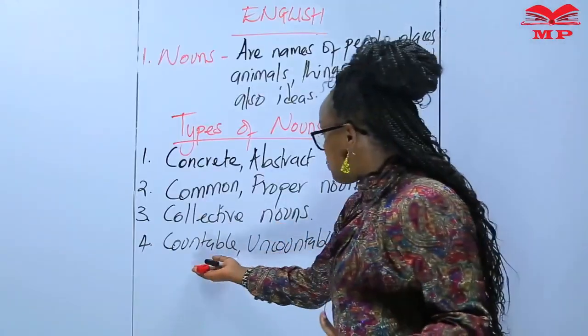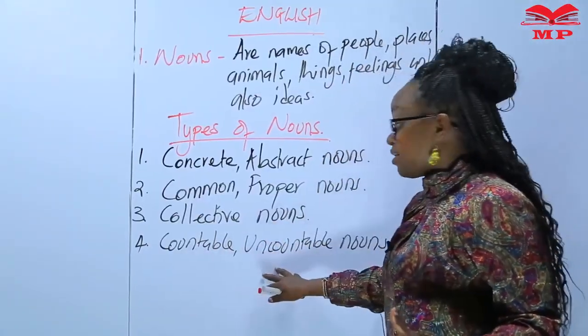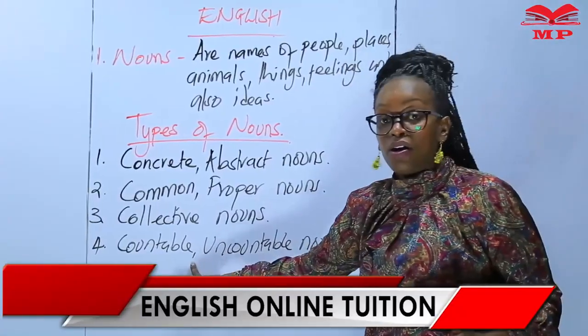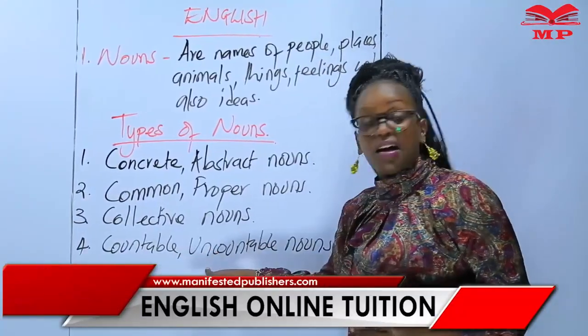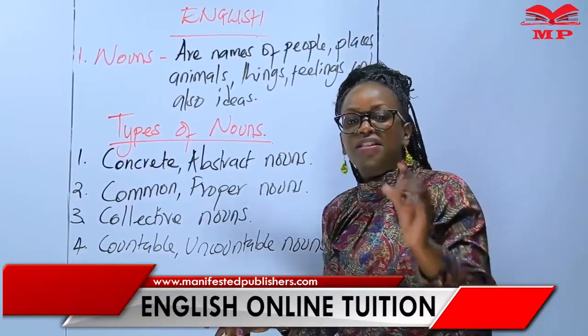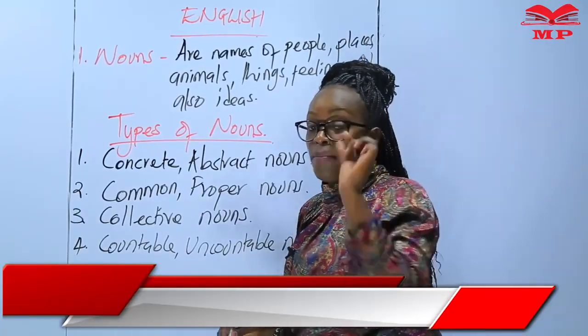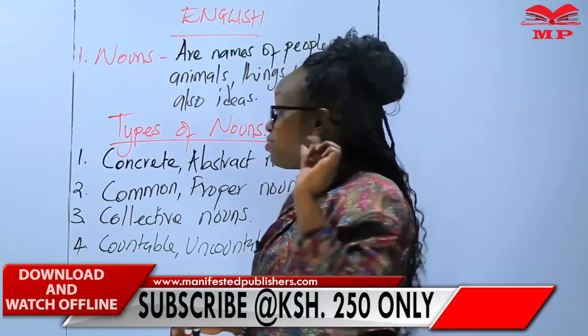The same thing happens with countable and uncountable nouns. They are different, yes, because you see I've used a comma to show that they are not the same thing. But the difference is just very small, and as we discuss, I will point out the differences.